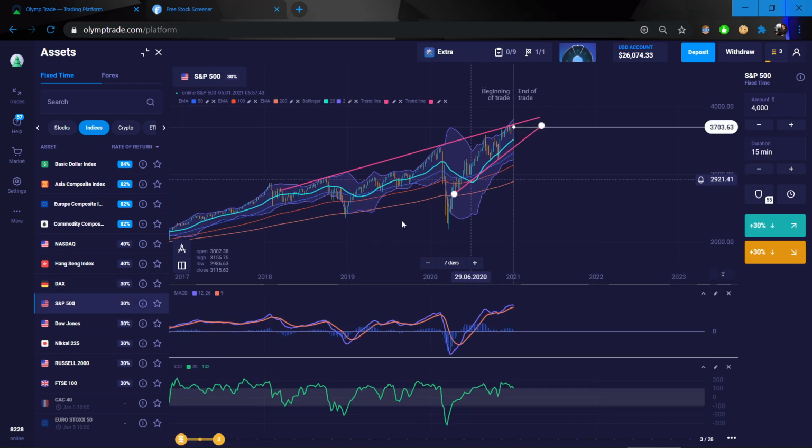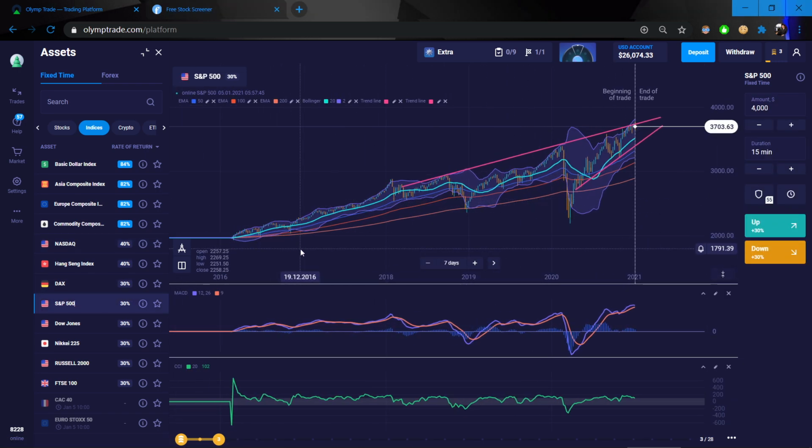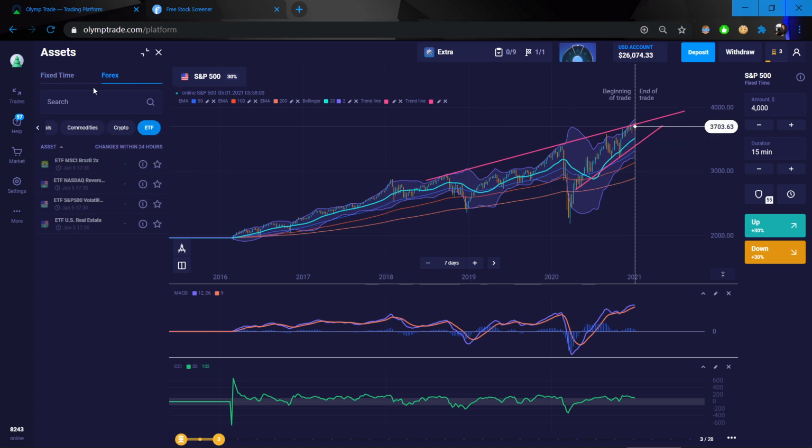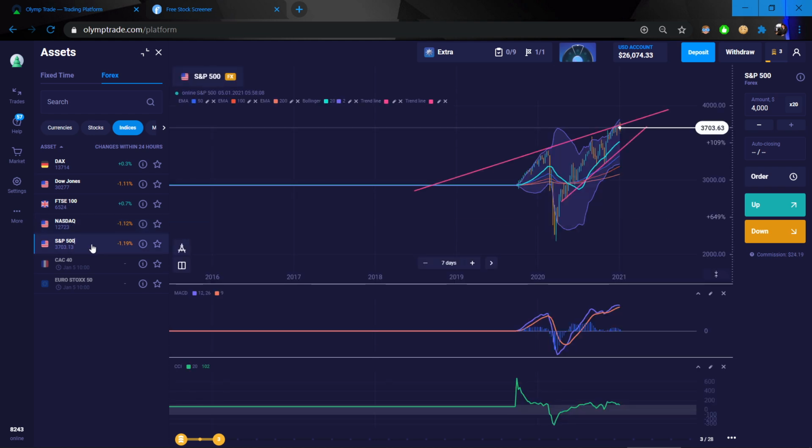So what that means is that Warren Buffett is a strong believer that this index draws a perfect line. There is no better investment opportunity than trading the S&P 500. And you can do that by clicking here in the Forex platform, and then opening up the S&P 500.